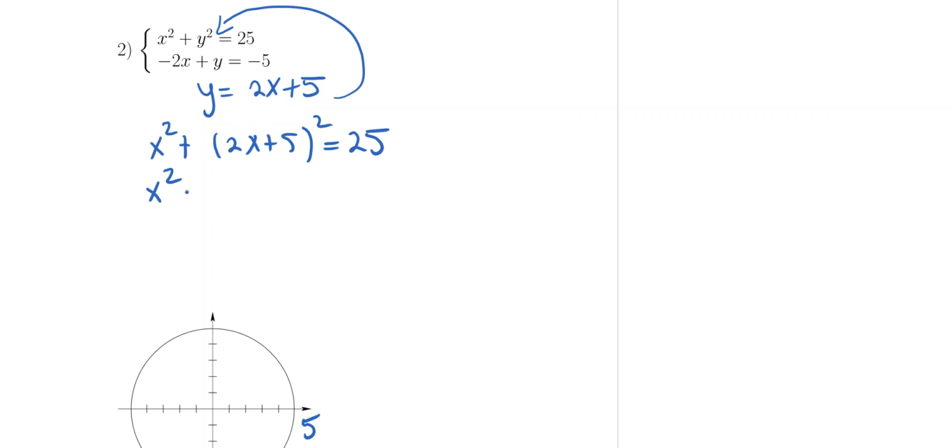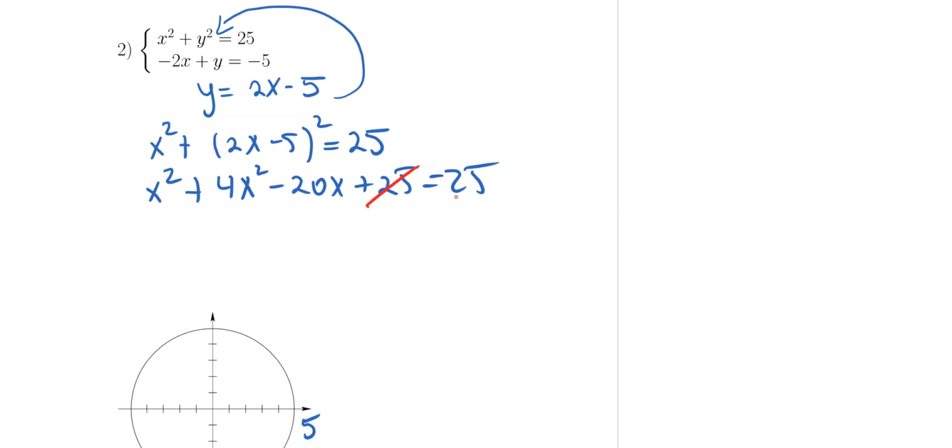And then I calculate this. This is 4x squared, this should be minus 5, sorry, it's 2x minus 5. It'll be 4x squared minus 20x plus 25 equals 25.